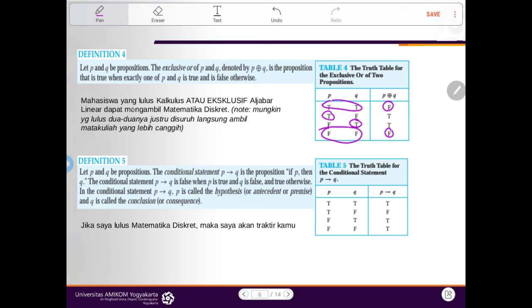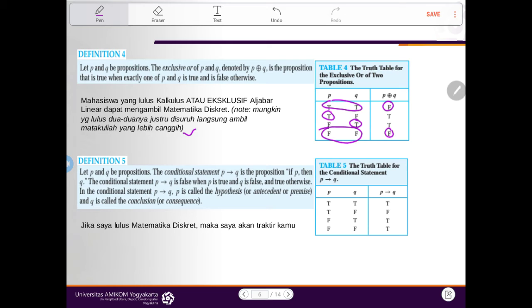If the student has passed calculus exclusive or linear algebra, can take discrete. If the student has passed both of them, he must take another sophisticated subject. The logic is like this.